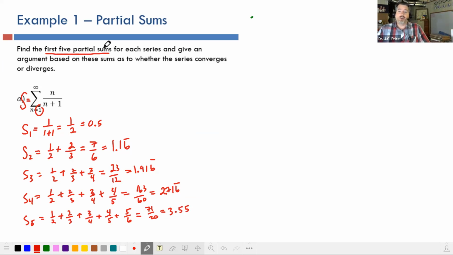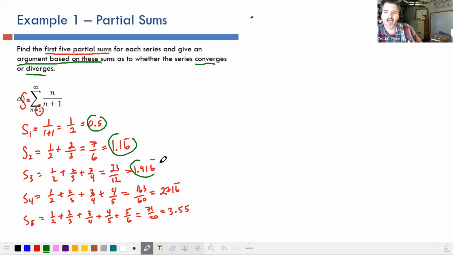Now comes the hard part. You'll see these are relatively tricky. You really have to get in there and dig. We want to create some sort of argument based on these sums as to whether these converge or diverge. Just looking at the decimal forms, you can see they keep getting bigger: 1, 1.9, 2.7 something, 3.5.